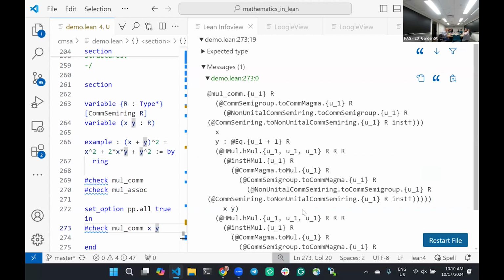And every CommMagma has a multiplication, and that's the multiplication that you mean when you write x times y. To me, this is one of the great feats of engineering of Lean, that you can write mcom x y and be totally oblivious to all this, but somehow Lean is running around under the hood and filling in all this information.